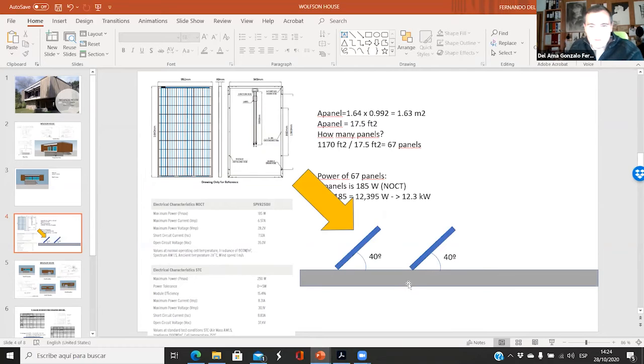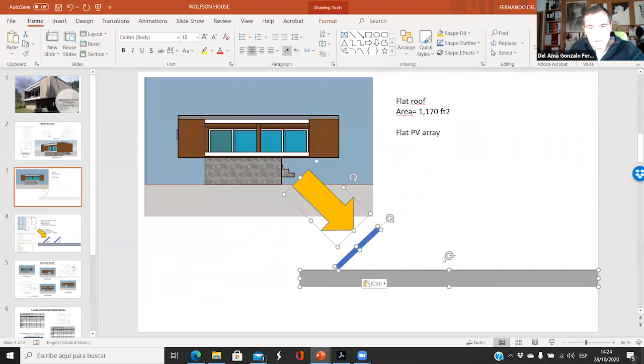So if we have a flat roof with flat PV panels, let's copy this. Okay, if it's a flat roof with flat PV panels, then I can place those PV panels like this.